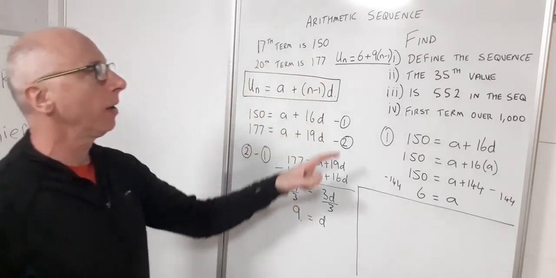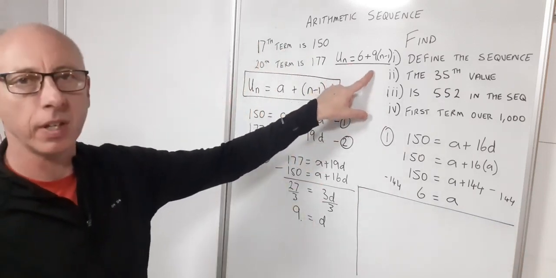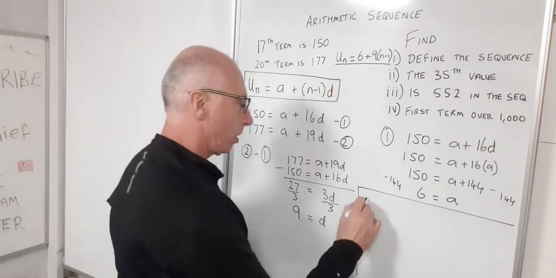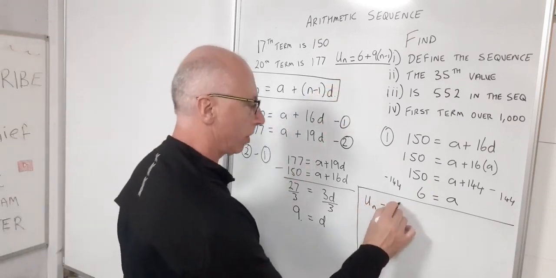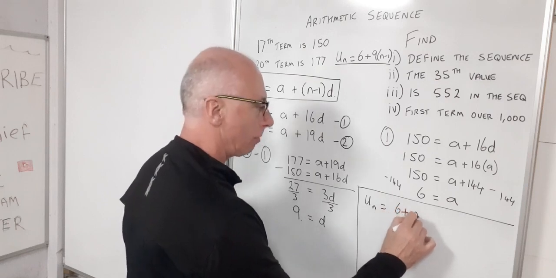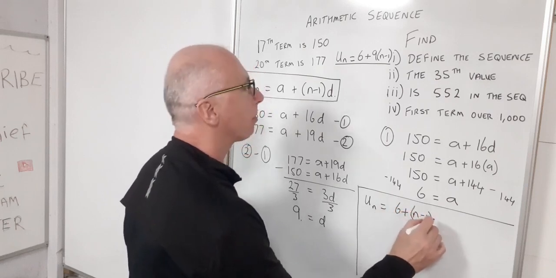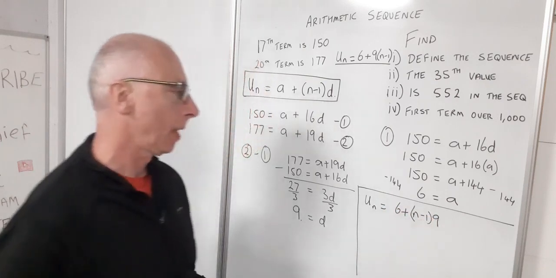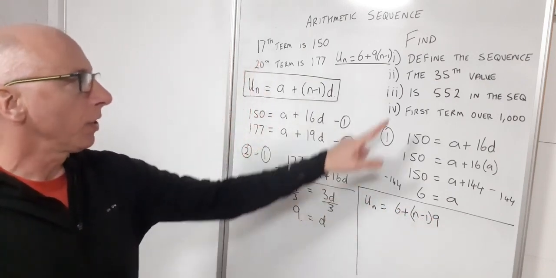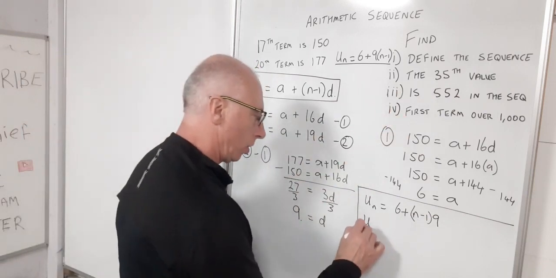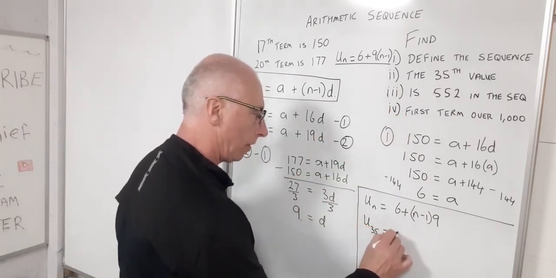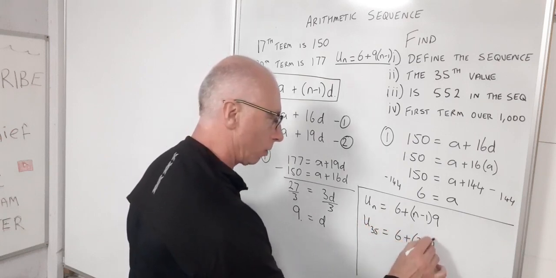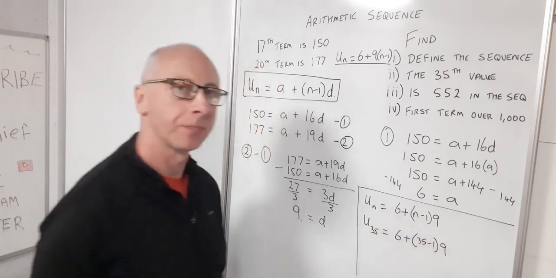Now what I'll do is plug 35 into the formula from part 1. So Un equals 6 plus n minus 1 times D, which is 9. I'll just put the 9 there. We want the 35th, so U of 35 is 6 plus 35 minus 1 times 9.